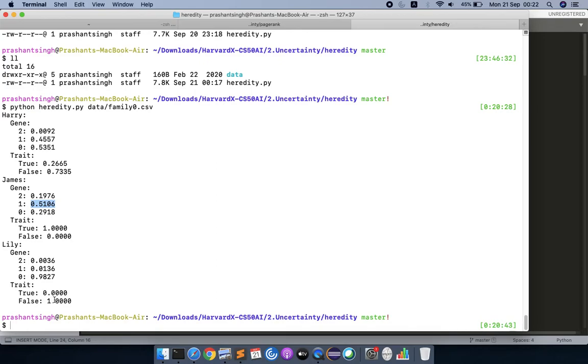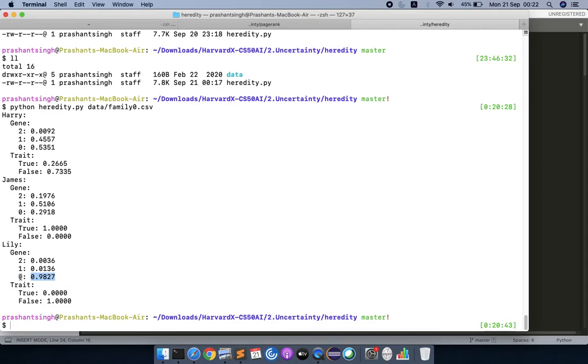Likewise for Lily, you can analyze that she is not showing the hearing impairment trait because the trait false probability is 100%. So it must be the case that she does not have any copy of the GJB2 gene.